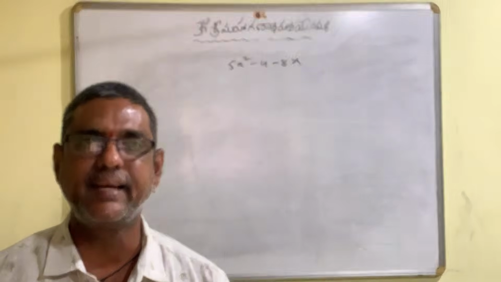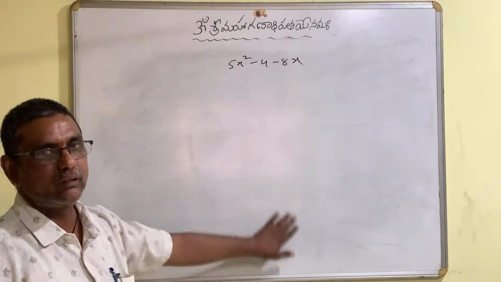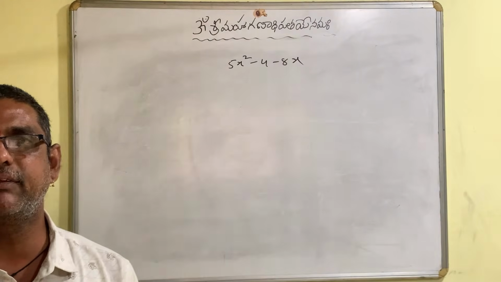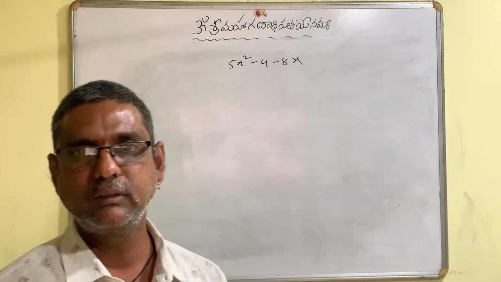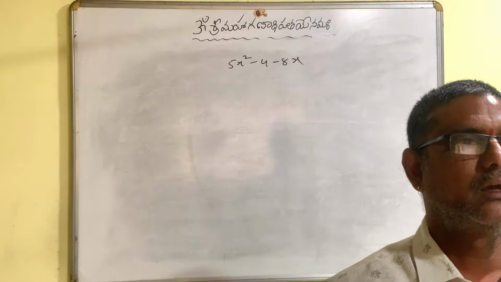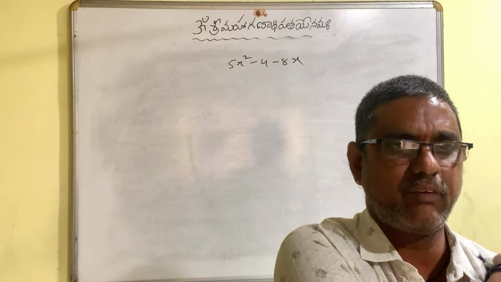For this polynomial, we have to find the zeros, and after that verify the relation between zeros and coefficients. Now, is this given problem in general form?